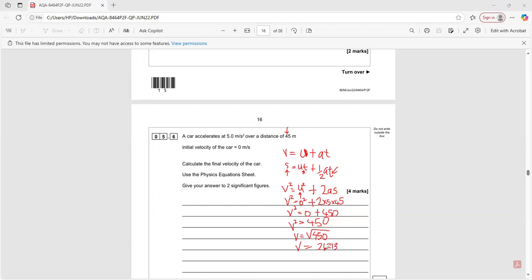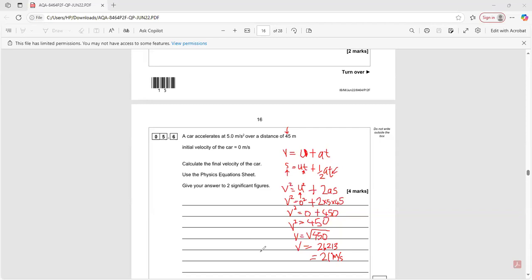Okay, so 2 significant figures looks like this: 21 meters per second.